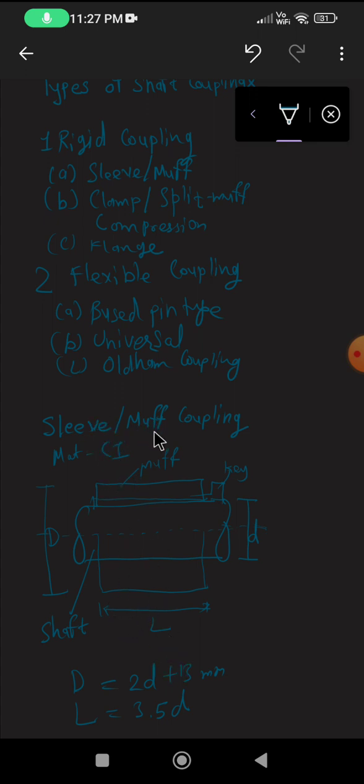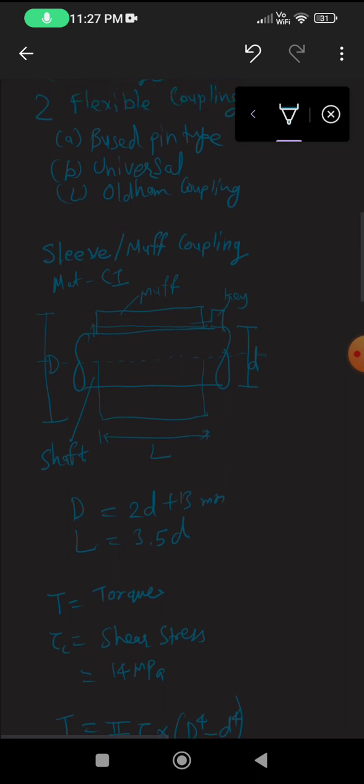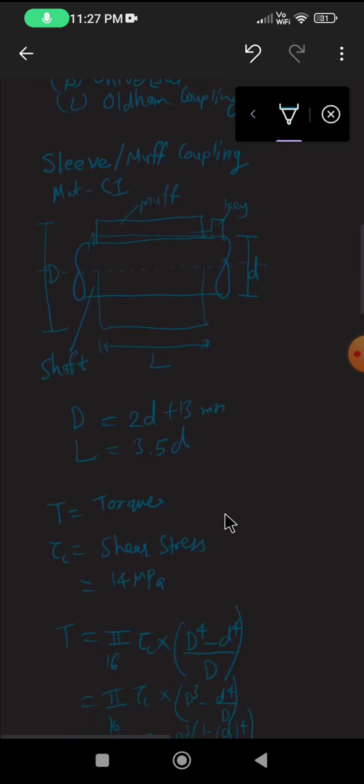Now if we are going to check this design with the various stresses involved, we will see the design for the sleeve first. So, number one, design of sleeve.